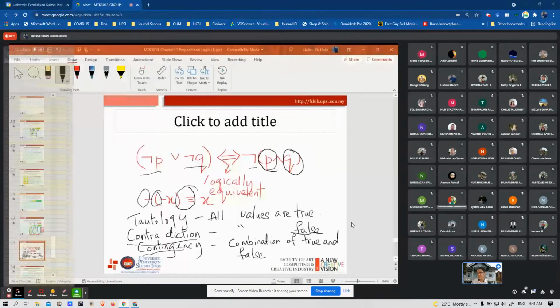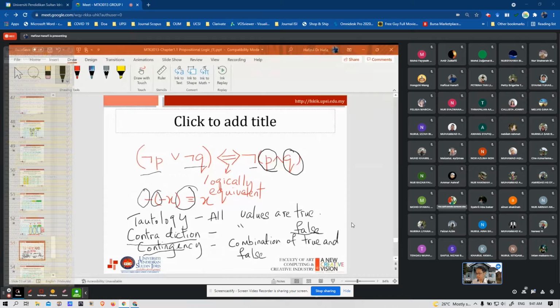Secondly, contradiction contradicts the tautology. And then contingency is a proposition that is neither a tautology nor a contradiction.